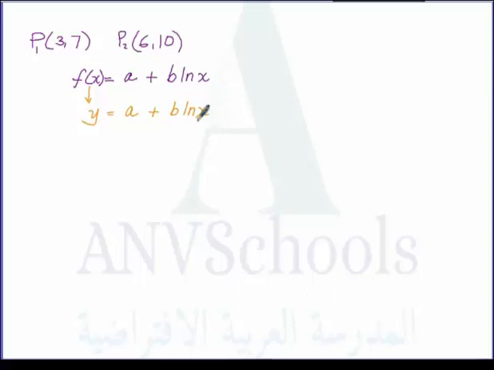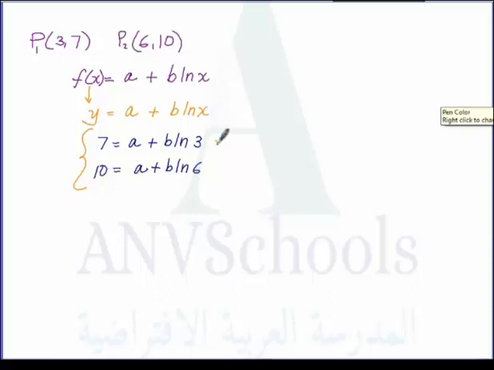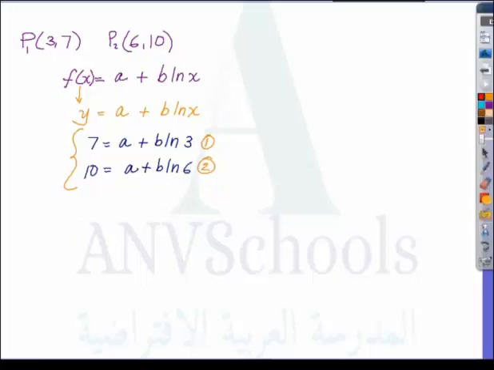And we're going to get the first equation: 7 is equal to a plus b ln of 3, and the second equation will give us 10 is equal to a plus b ln of 6. So this is equation number 1, and this is equation number 2. Okay, how do we solve for a and b? That is the challenge.